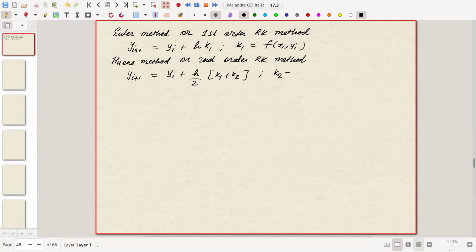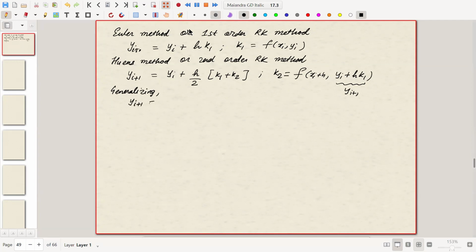K2 is... You can now see we can generalize this. How can we generalize?